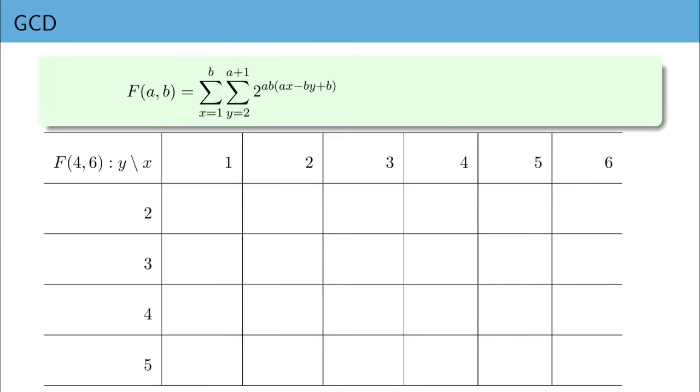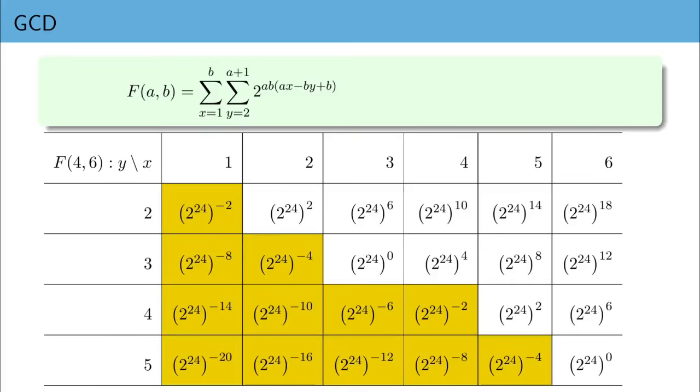Let's take a look at a specific example where a is 4 and b is 6. This will be a sum of a bunch of terms of the form 2 to the ab, 2 to the 24th in this case, raised to the power of 4x minus 6y plus 6. And these terms look like this. Notice that we have a bunch of negative exponents here for when ax minus by plus b is negative.